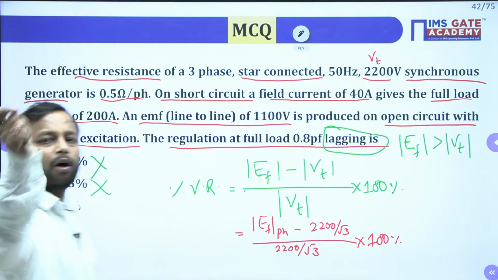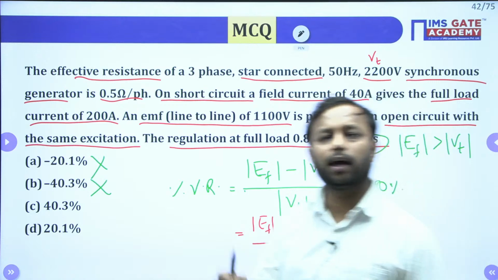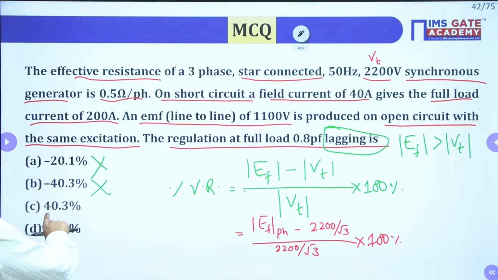Whereas for the leading power factor and synchronous generator, your EF is less than VT. That we have seen in question 1. So definitely your answer is between C and D.